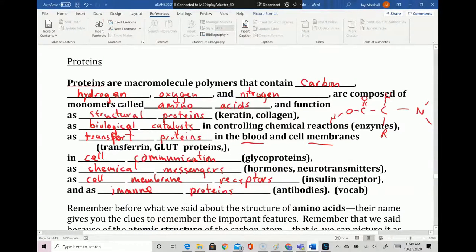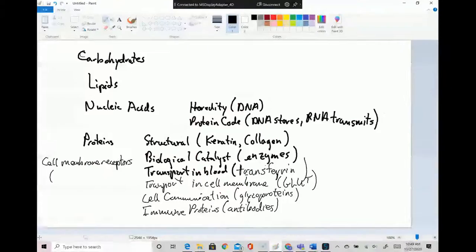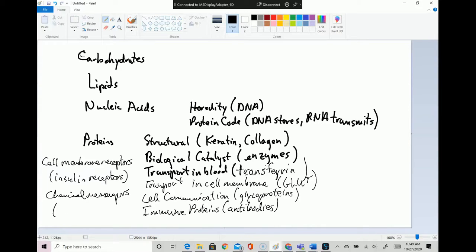Insulin receptor. So insulin receptor, and then finally chemical messengers. Chemical messengers and insulin would be a good example of that.